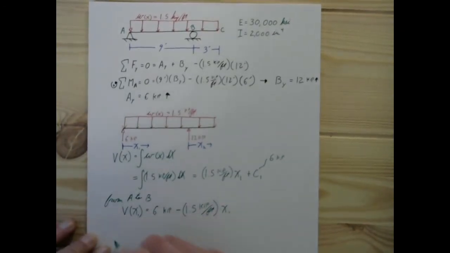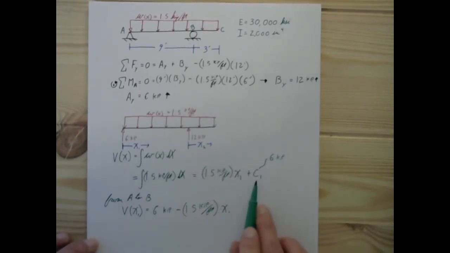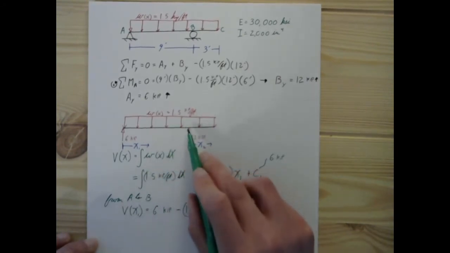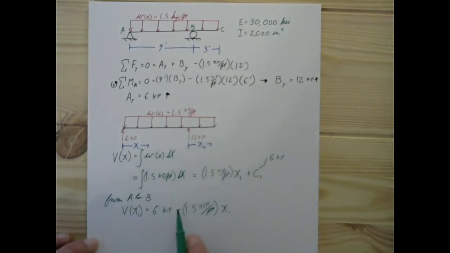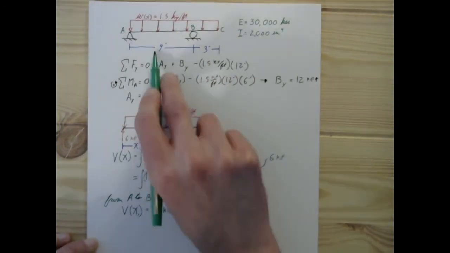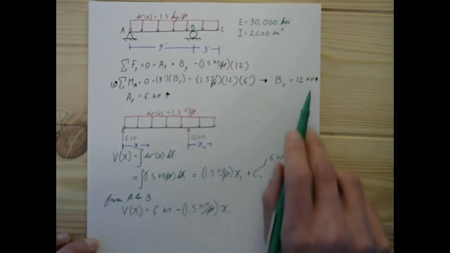From B to C, though, is going to have that same behavior, right? But now we're going to have a different constant of integration. We're going to get it from our point B. So we can plug in 9 feet for x1, and then remember that we're going to pop up 12 kips.